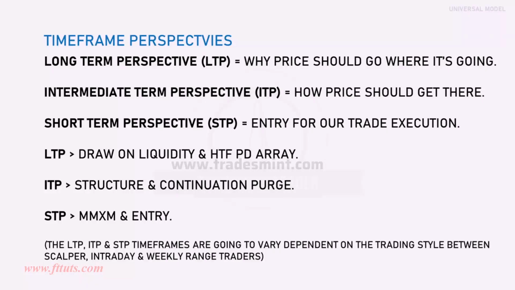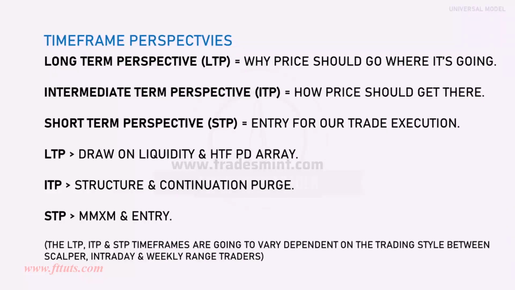We want to line up all these perspectives together so they are high probability. And then that short-term perspective, that's our entry and our trade execution idea. So again, long-term perspective: draw on liquidity and higher time frame PD arrays. Intermediate term perspective: structure and continuation purge. And then on that short-term perspective, we got those market maker models and your entry.